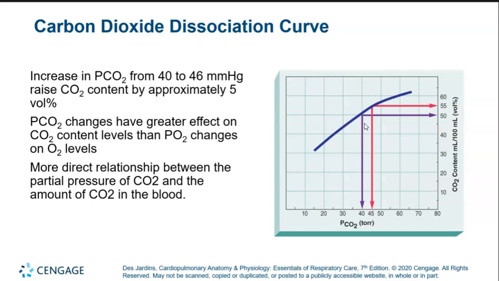For example, an increase in partial pressure of carbon dioxide from 40 to 60 raises the CO2 content approximately 5%. So those key CO2 changes have a greater effect on the total content of CO2 than the PO2 changes do on oxygen. There's that more direct relationship.